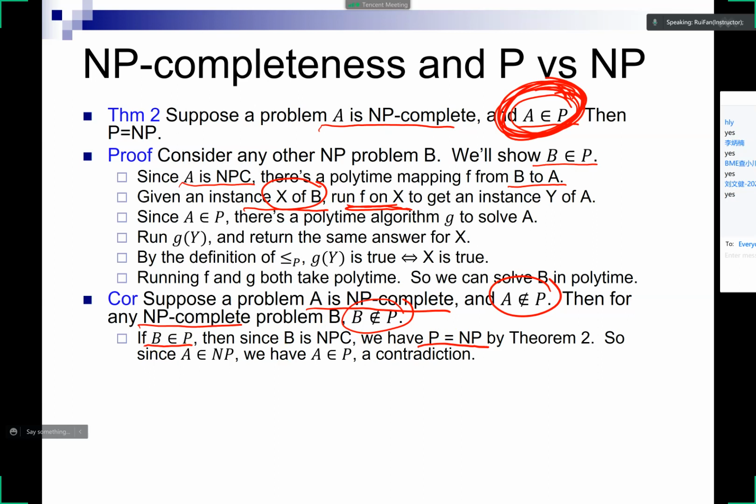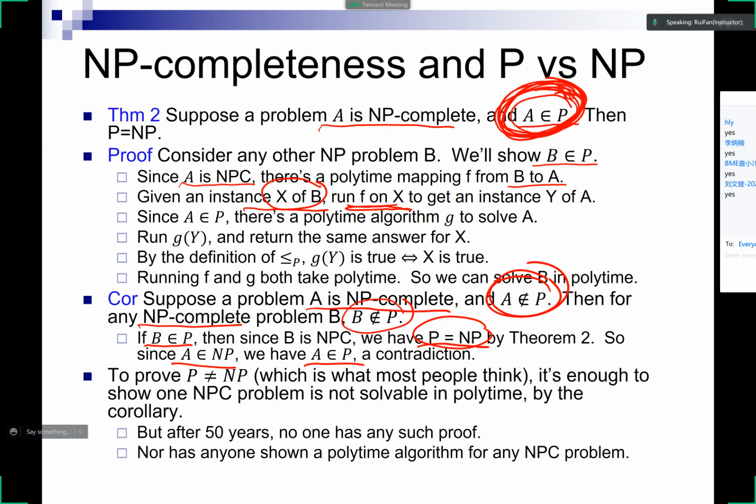And A is an NP complete problem, so it's also an NP problem, and because P equals NP by the previous theorem, A would also be in P, which contradicts our assumption here. So if you can show that any NP complete problem is not in P, then you've proven that all NP complete problems are not in P.